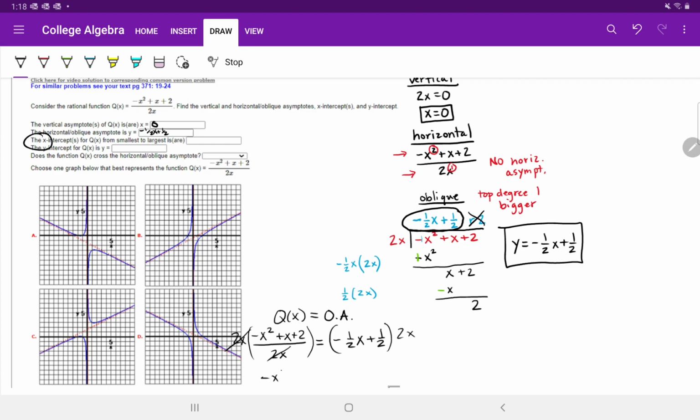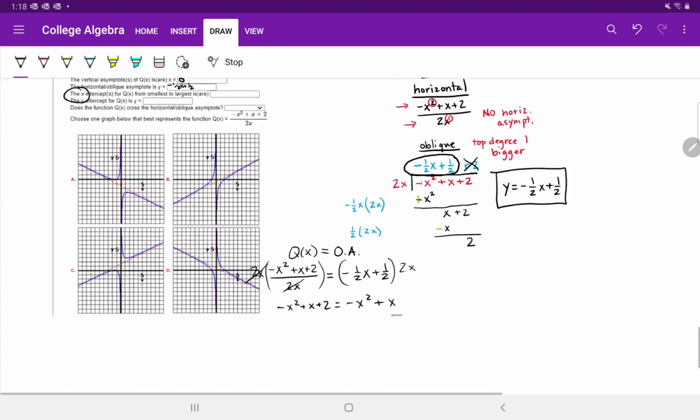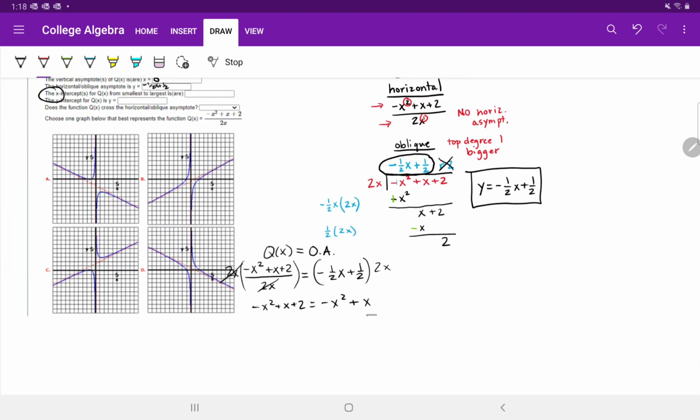So we'll have negative x squared plus x plus 2 equals negative x squared plus x. Let's keep our equation balanced, but we can add x squared to both sides, and we can subtract x from both sides. That will leave us with a positive 2 on the left and a 0 on the right. Is 2 equal to 0? I think not.